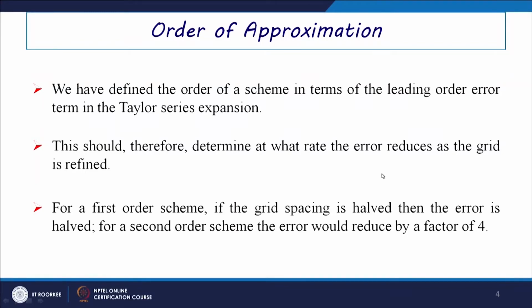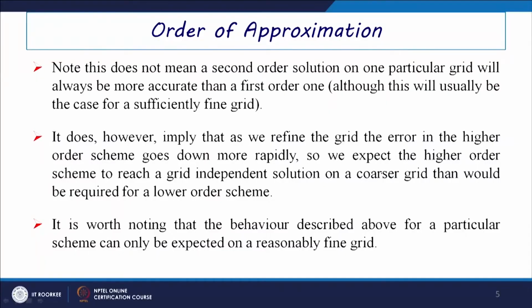For a second order scheme, the error reduces as order of h square, so you can consider h square by 4. This means the error will be reduced by a factor of 4. That is the benefit we get if we reduce the grid length, or go for higher order neglection of these remainder terms.